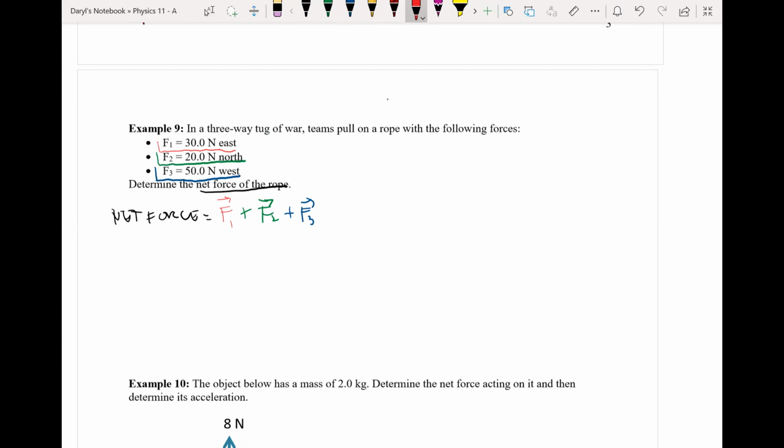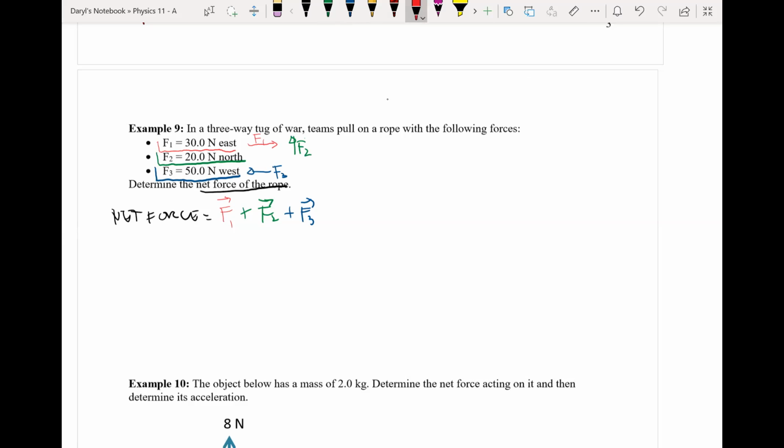Graphically, if I show that one, we can represent east as going to the right, so this would be my F1. F2 could be written to the north, that's upward. And west is to the left, so this would be your F3.